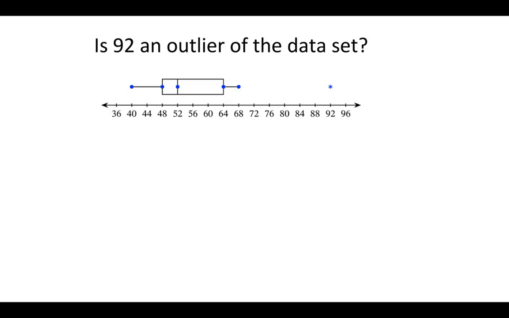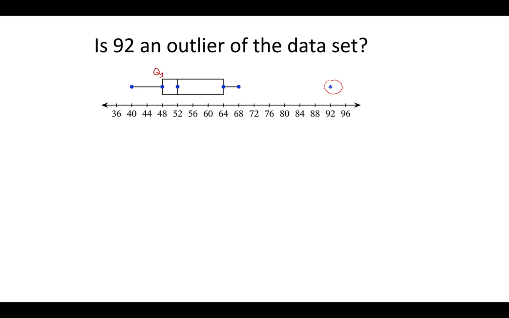So this one, we're just going to look at a box and whisker plot and make a determination. We're not going to use the 5-number summary, but we need to be able to identify where these things occur on this box plot. So the question is, is 92 an outlier? 92 is out here. It's pretty far out there, but is it considered an outlier? It's a good question. All right, so in order to calculate this, we still need our same things. We need our Q1.